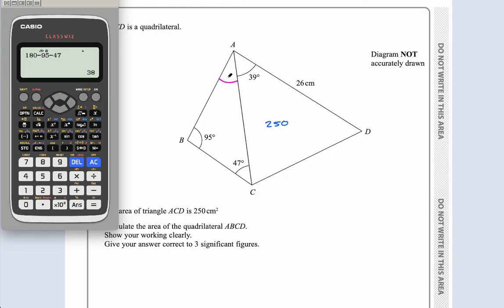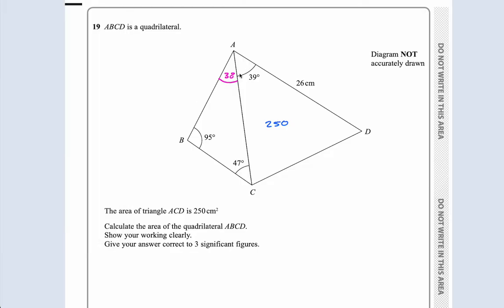So this angle is 38 degrees. To get the area of a triangle, I need to use the formula. The formula for the area of a triangle is a half ab sine C, where you basically need 2 sides and the angle between them. So if I had the length of 2 sides, I could use this, but I don't. I don't even have the length of 1 side.